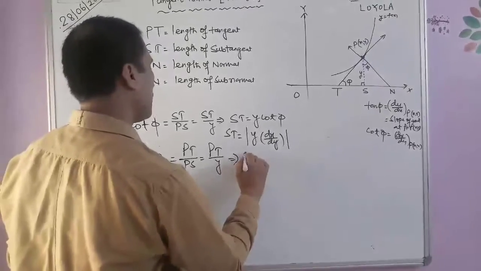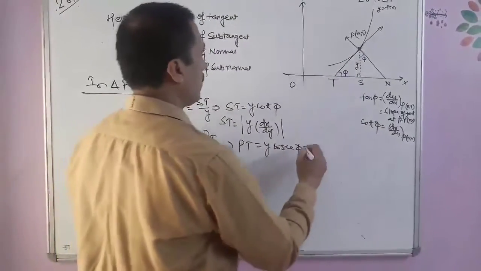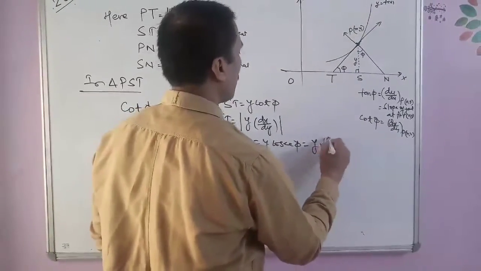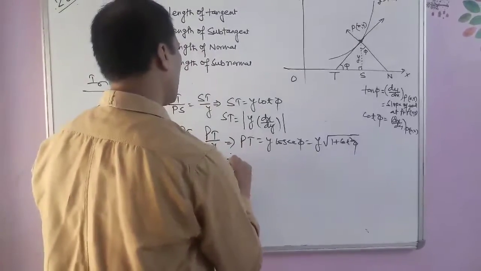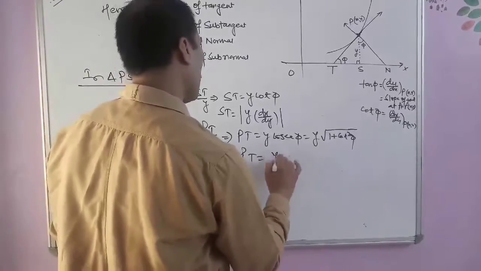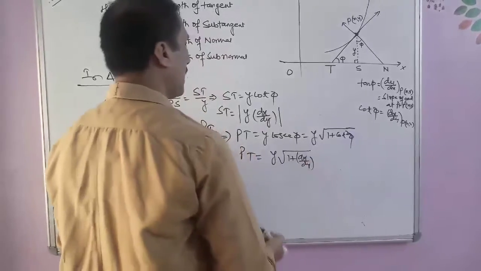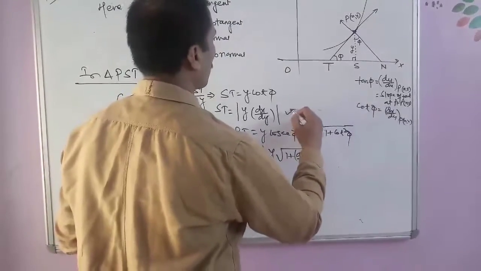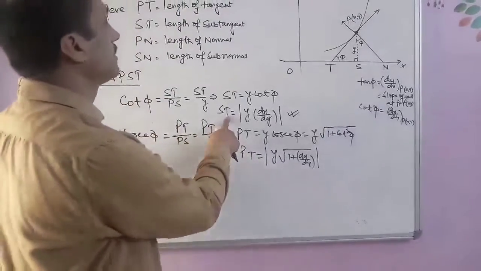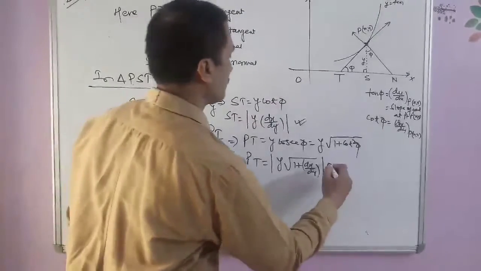This implies PT equal to y cosec phi. Y cosec phi means y root of 1 plus cot square phi. Therefore PT equals y root of 1 plus (dx by dy) squared at the point. This is a length, so we take modulus in practice. So we have the formula for subtangent, y dx by dy, and length of tangent, y under root 1 plus (dx by dy) squared.